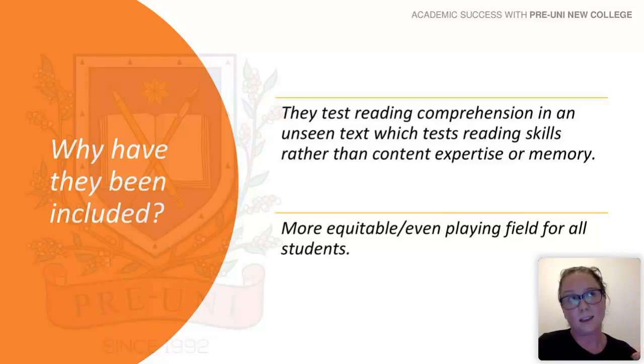So mainly, you should know that the changes have made the test more equitable, and it now is a much more even playing field for all students. So the gifted students that succeed in these tests succeed because of their ability and not necessarily their background. They shouldn't be unfairly advantaged or disadvantaged depending on any part of their background.